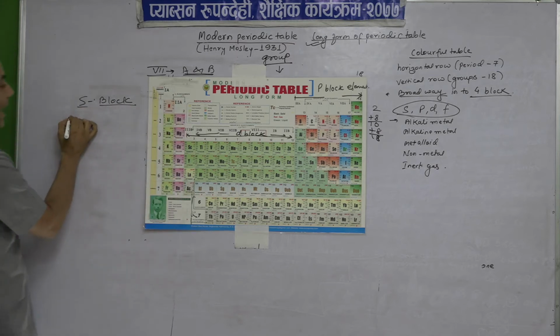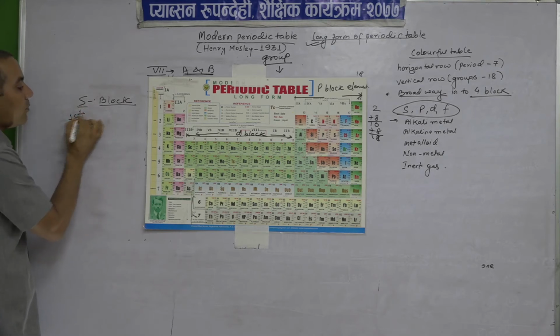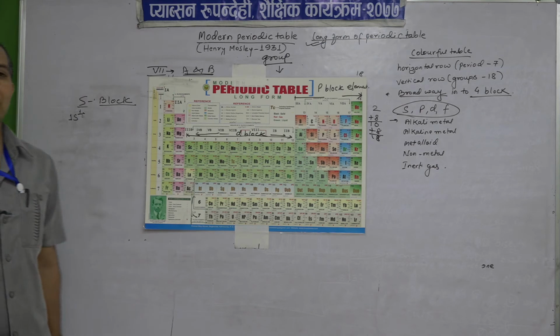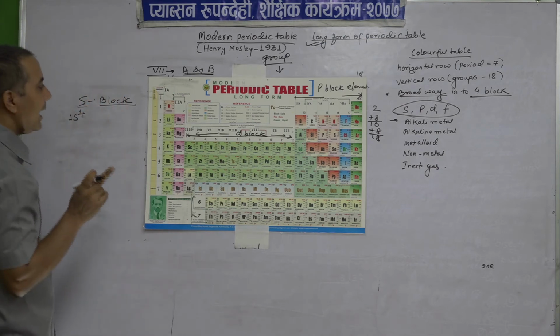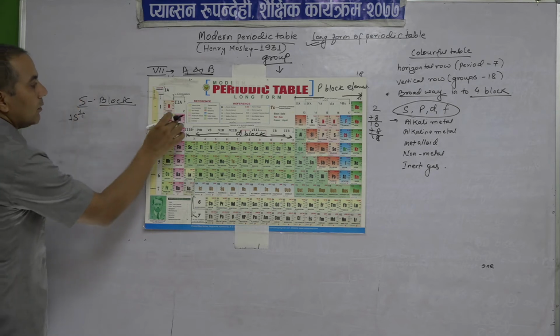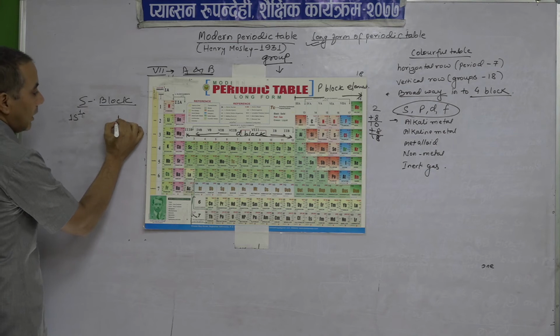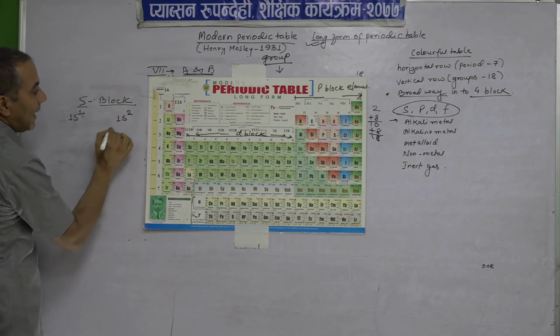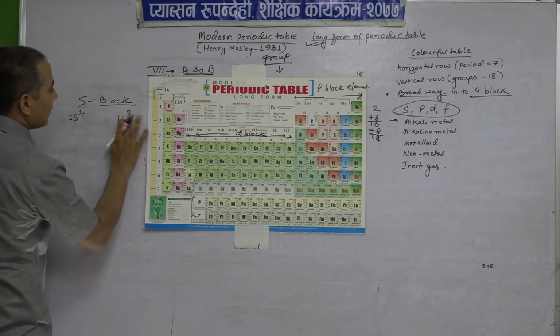The first group has 1s1, meaning the outermost shell has 1 electron. Then the 2A has 2 electrons, meaning the outermost shell has 2 electrons.